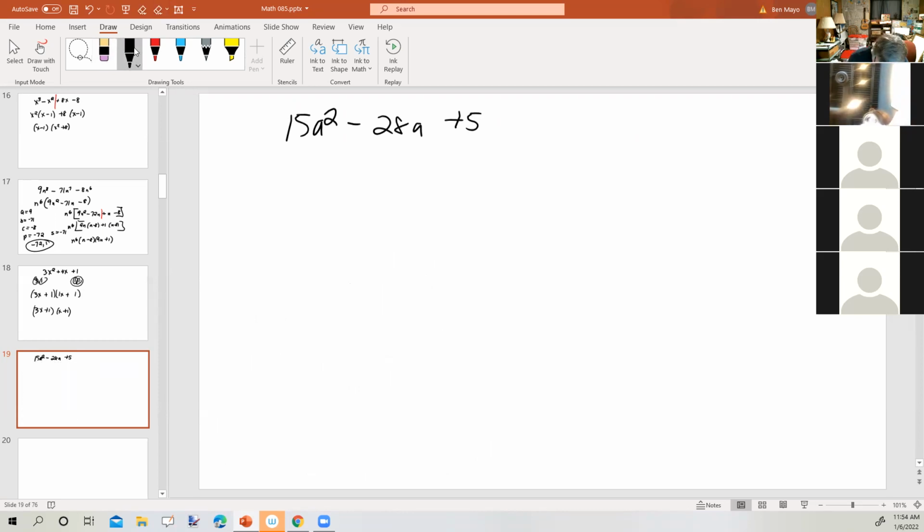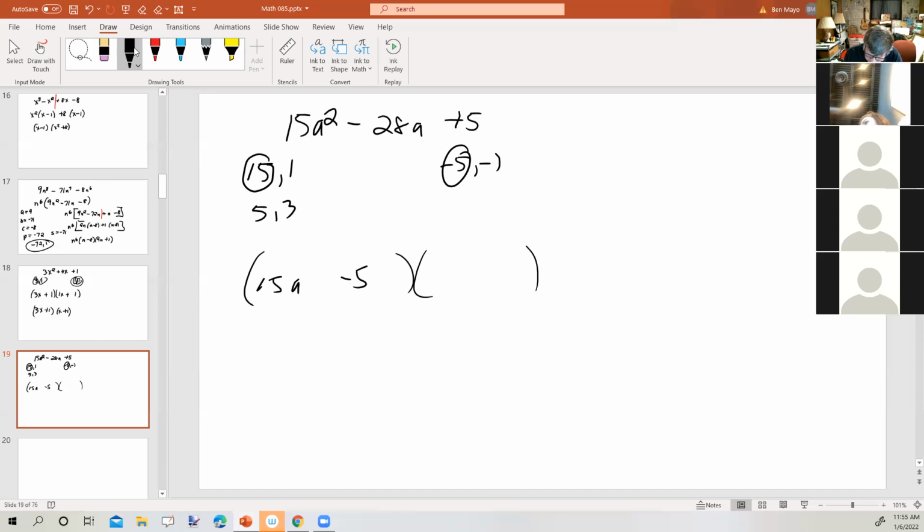All right, so again, we're going to come up with the factor pairs. Now, how did I create these factor pairs? I took one of these with one of those, and the other of these with the other of those.